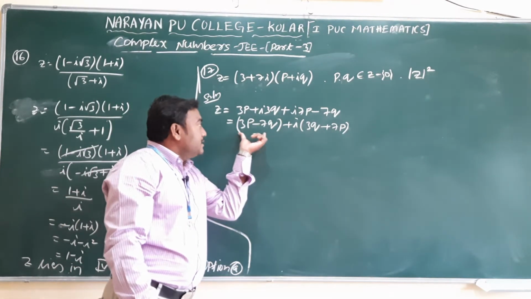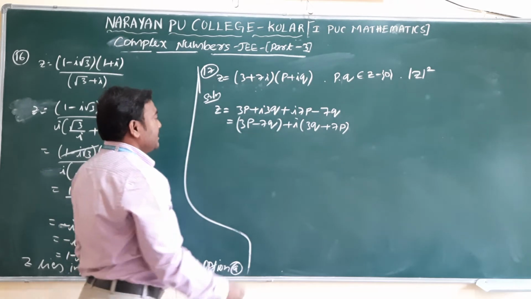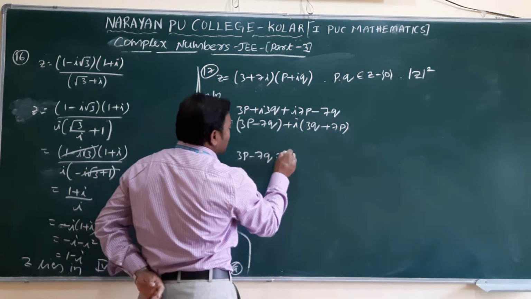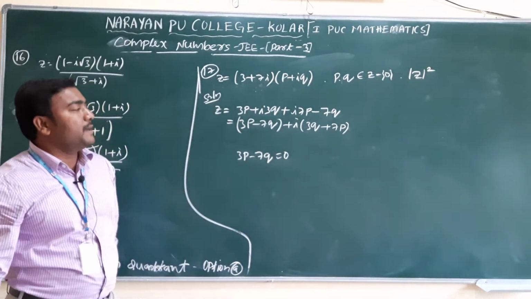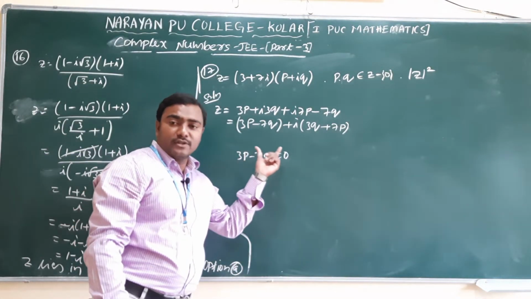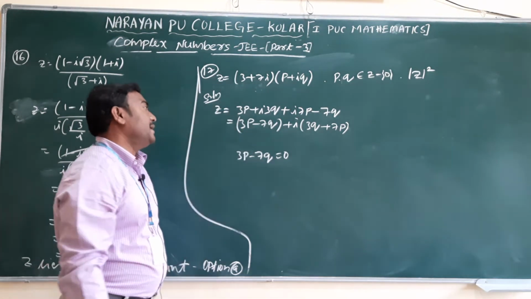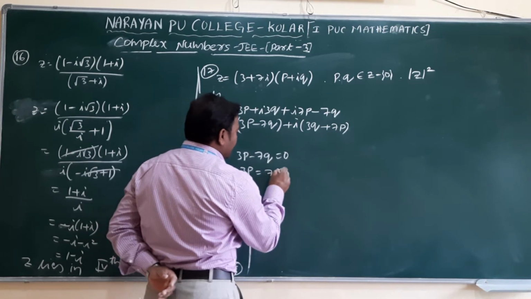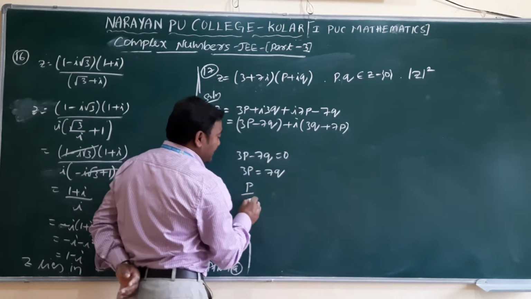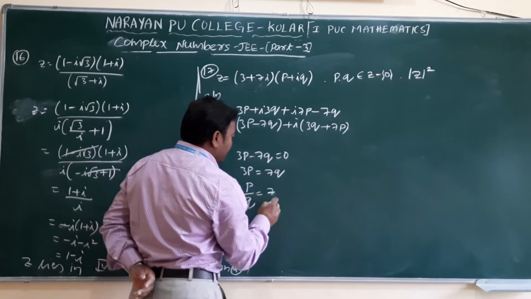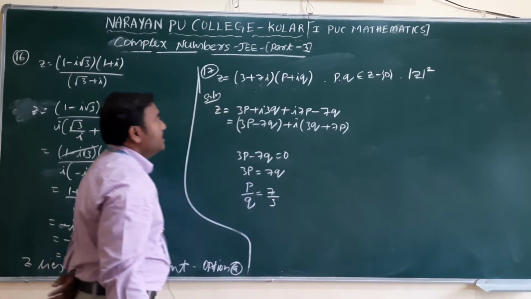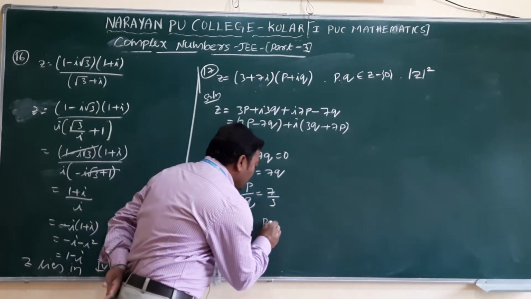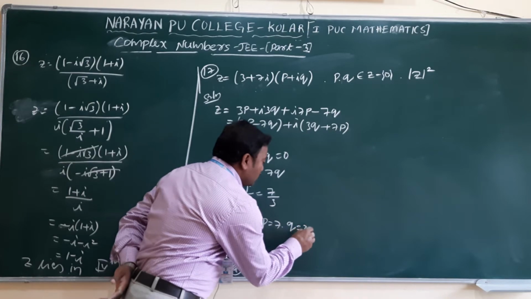Here the real part is 3p minus 7q, so 3p minus 7q is equal to 0, 3p is equal to 7q, so p by q is equal to 7 by 3. So the minimum value here: p is equal to 7, q is equal to 3.